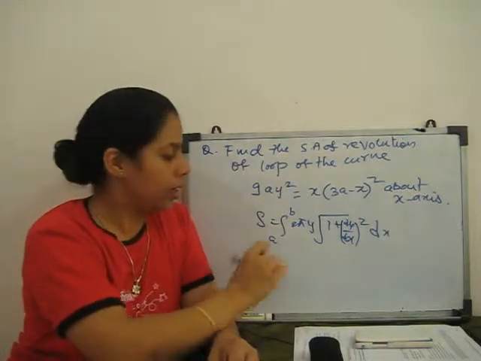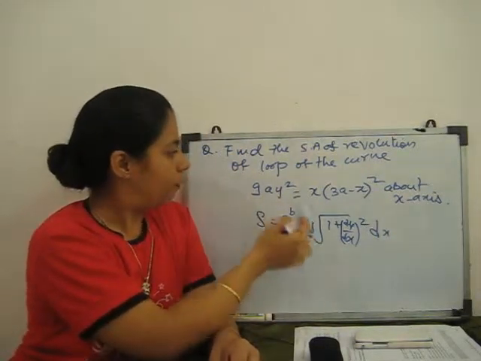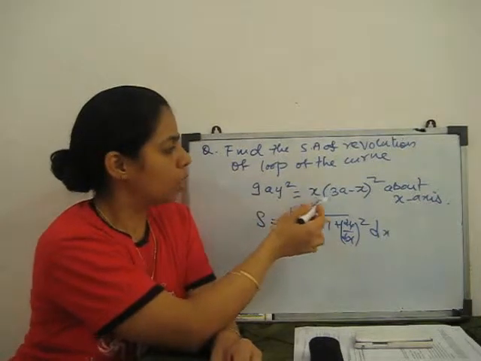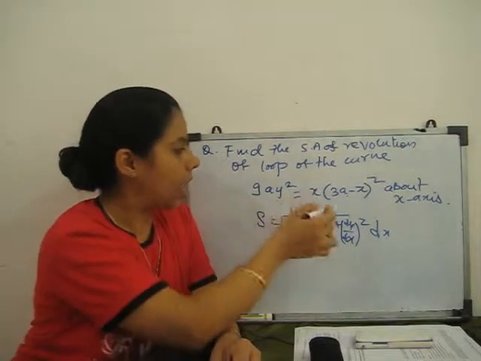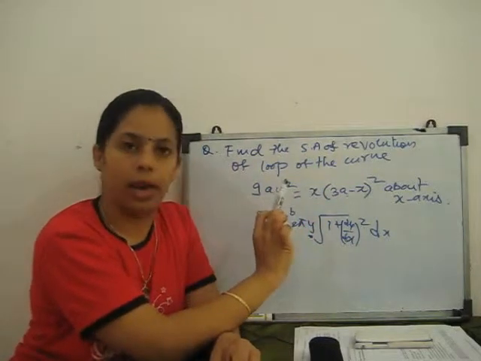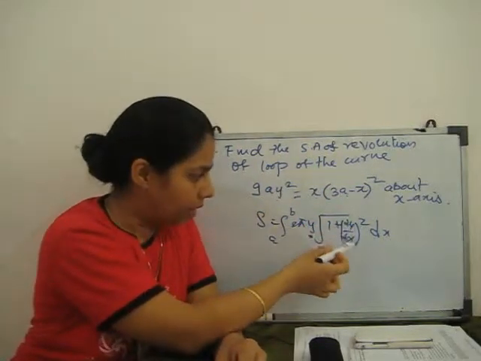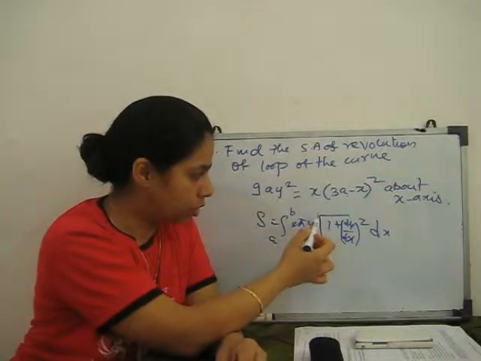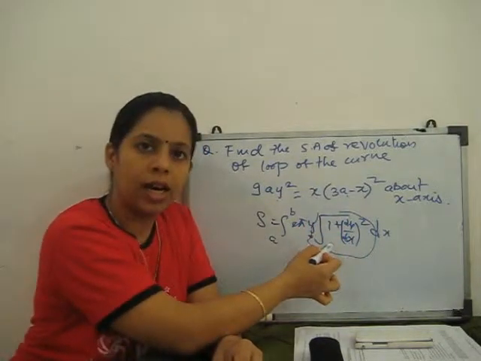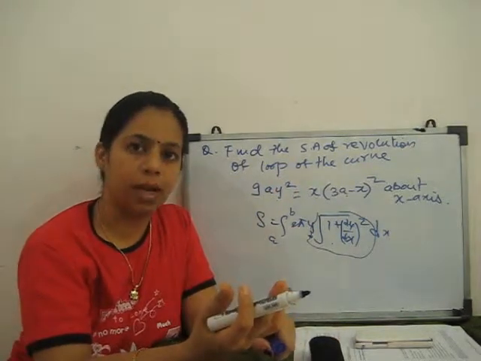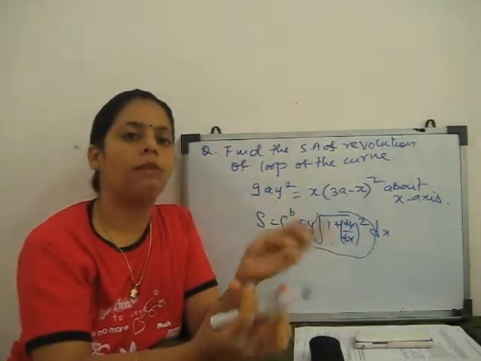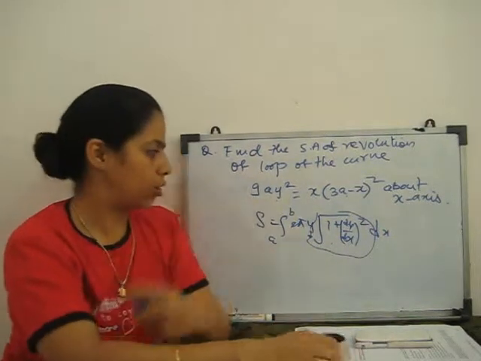Now step 1, we have to find out the value of y. So from here y is equal to x under root of (3a minus x) square upon 9a. So y we have already, then dy by dx. We have to find this value first, put it here and then solve.